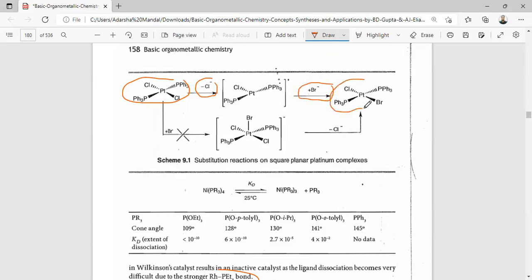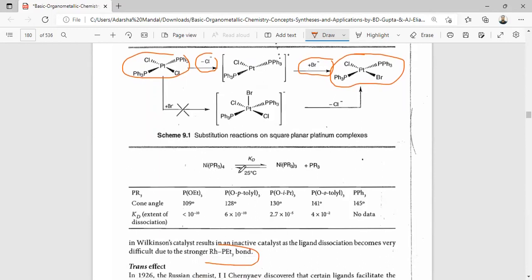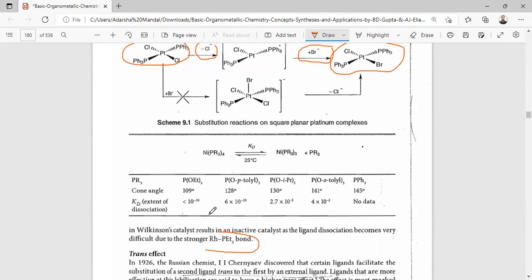So here the ligand dissociation occurs via a dissociative mechanism rather than the associative mechanism, in the substitution reaction of the square planar complex. Here, for nickel PR3, the constant for ligand dissociation, when this is in toluene or isopropanol, the extent of dissociation is greater compared to this.